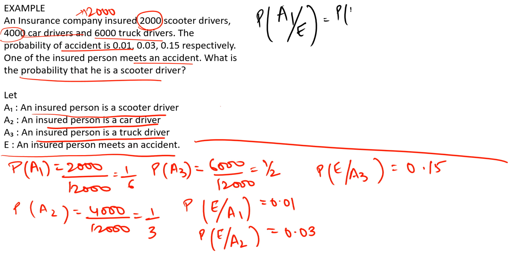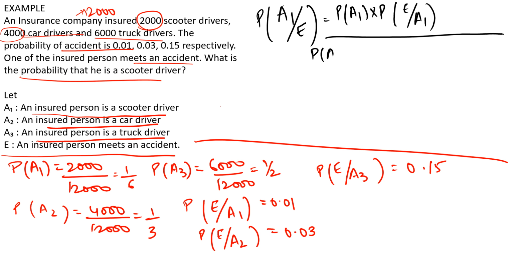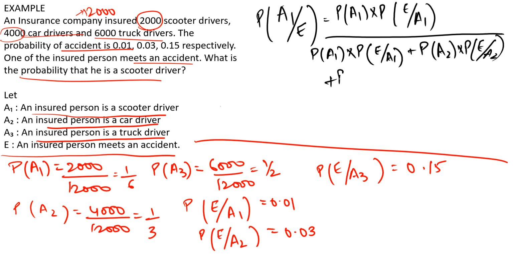This is simply the probability of A1 into the probability of E given A1, upon the probability of A1 into the probability of E given A1, plus the probability of A2 into the probability of E given A2, plus the probability of A3 into the probability of E given A3.